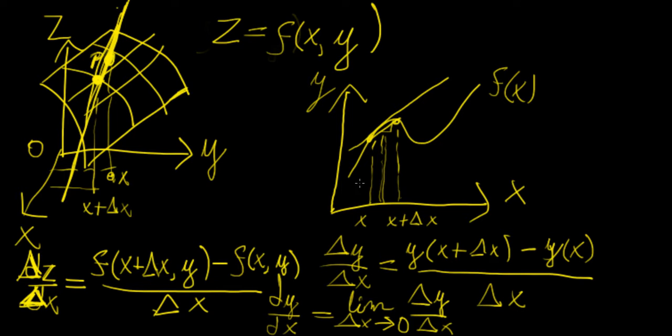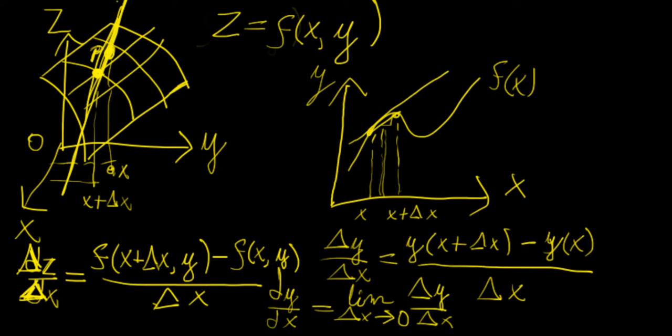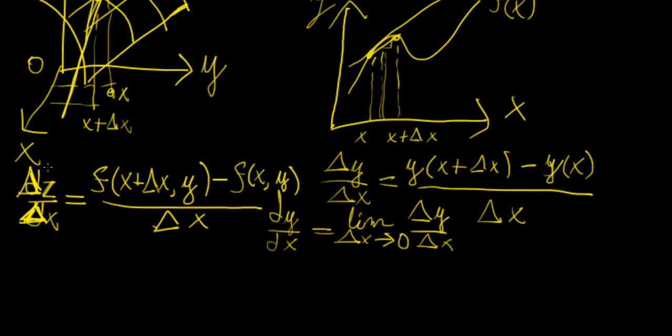So if we take the limit now, obviously this is going to tend to the derivative. Now the only difference is that because we're taking partial derivatives, we need to use a different symbol, because remember that we need to basically make sure that we know that z is a function of two variables instead of one. So in order to do that, we use this symbol instead.